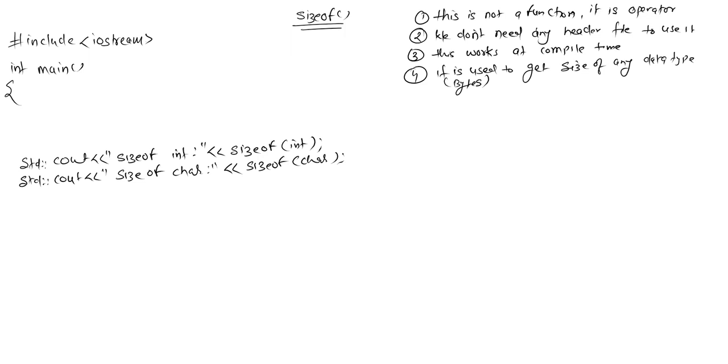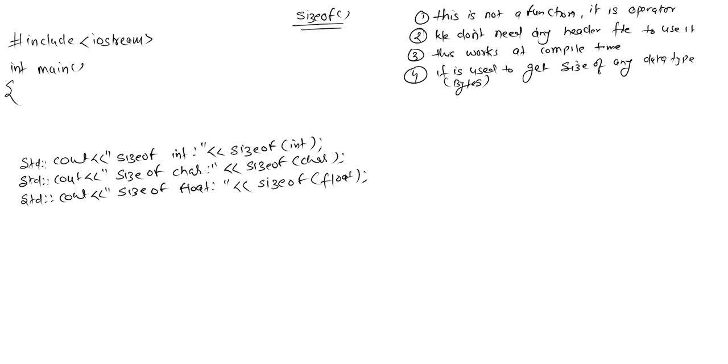Similarly, if I want to put the size of something else like float, I'll print something like size of float. No double quote here, and then just the sizeof operator, and the small float.